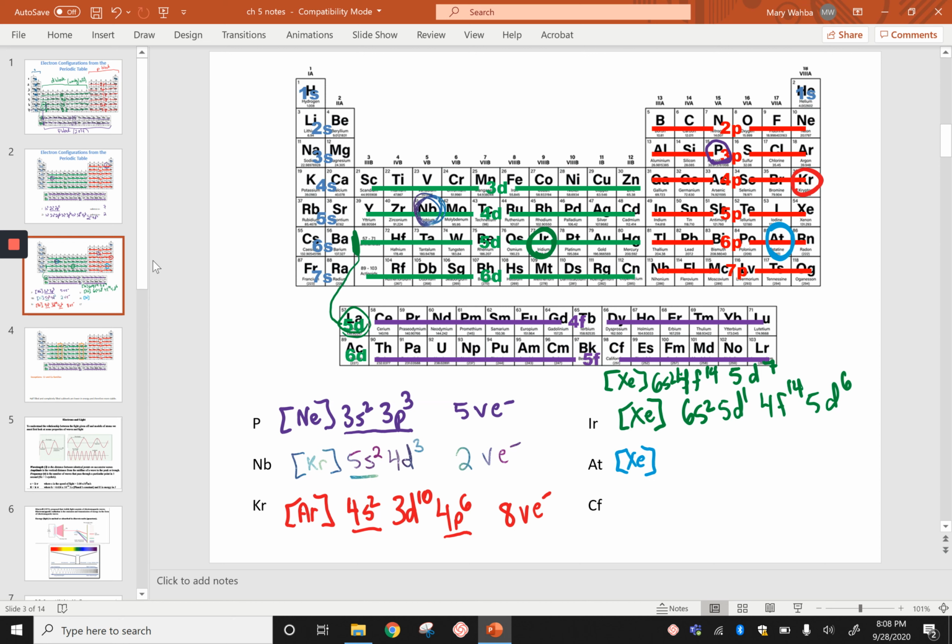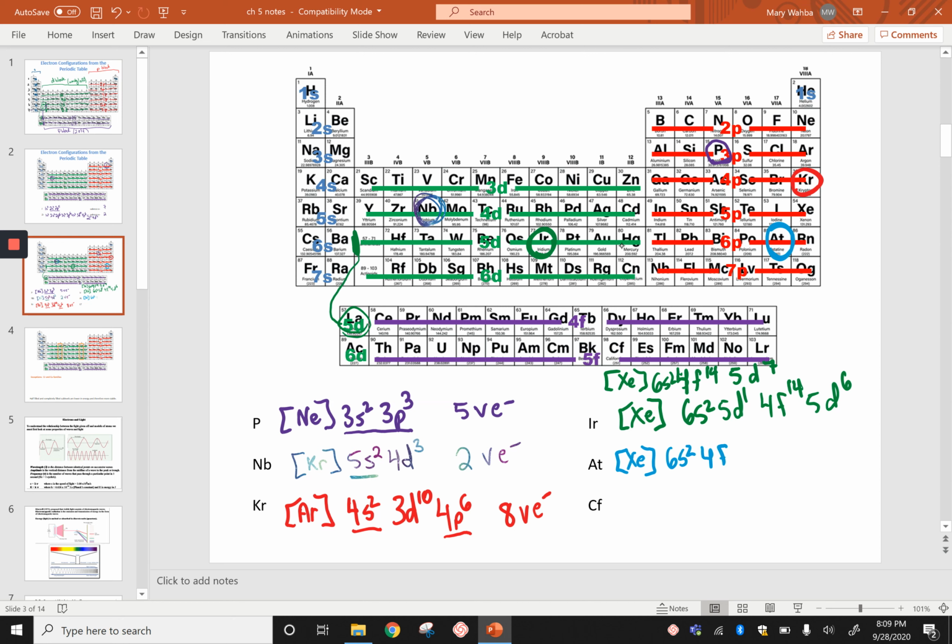And then after xenon, I see 6s2. And then I see after that 5d1, then 4f14, and then I go back and 5d9 again. So if you want to write it that way, you can. I know that I'm going to finish all my f's and all my d's, so I'm just going to write it all as the d's as 1.